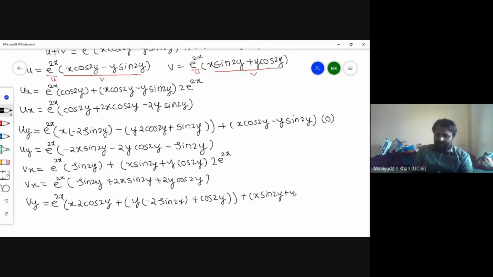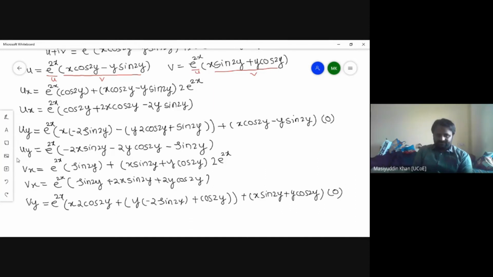plus y into cos of 2y into derivative of e raised to 2x with respect to y, you have to write as 0.